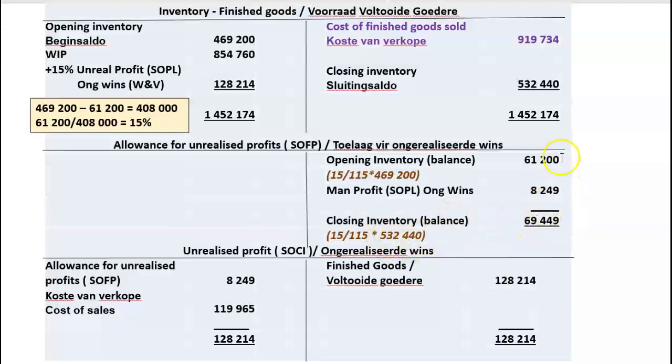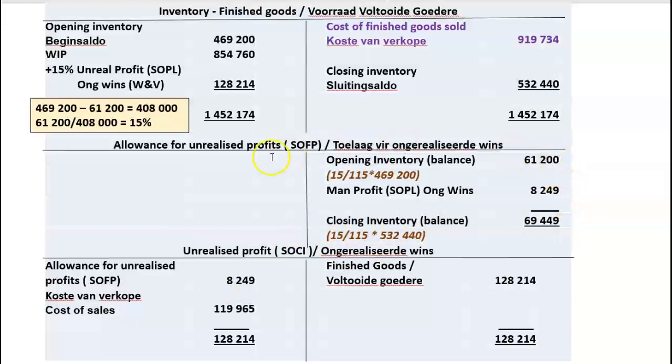So how are we going to increase our allowance account balance from 61,200 to 69,449? By crediting this allowance account with a total of 8,249. The counter leg will go against our manufacturing profit or unrealized profit and loss account, 8,249.